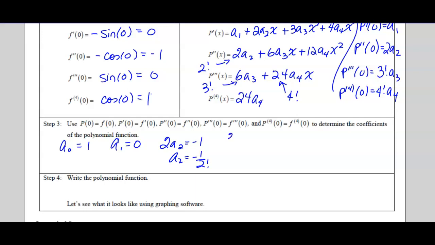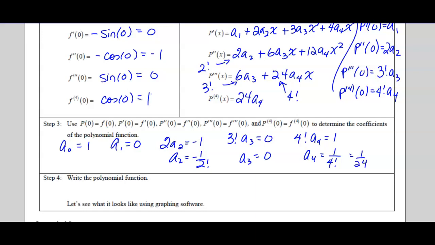Then 3 factorial a3 equals 0, so a3 obviously equals 0. 4 factorial a4 equals 1, so a4 equals 1 over 4 factorial, 1 over 24.